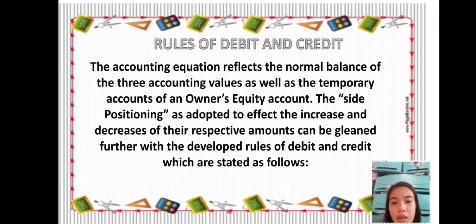So we also discuss here what are the rules of debit and credit. The accounting equation reflects the normal balance of the three accounting values as well as the temporary account of an owner's equity account. The side positioning as adapted to effect the increase and decrease of the respective amounts can be gleaned further with the developed rules of debit and credit, which are stated as follows.